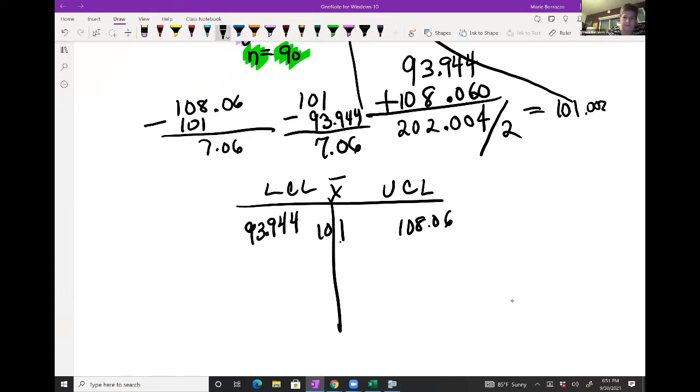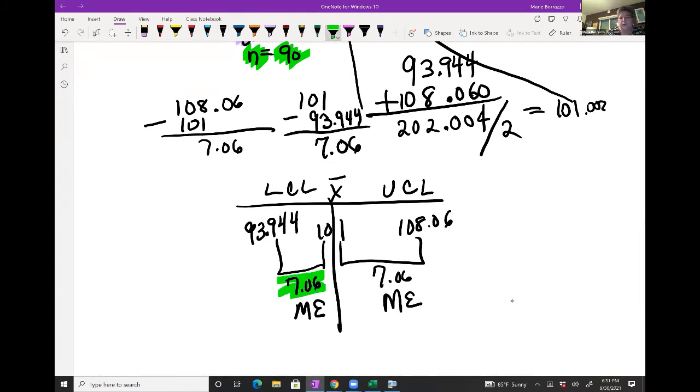Again, the distance from here to here was 7.06. Hence, that is your margin of error. The distance from these two, that's 7.06. So the margin of error is always the same distance from the average on both sides.